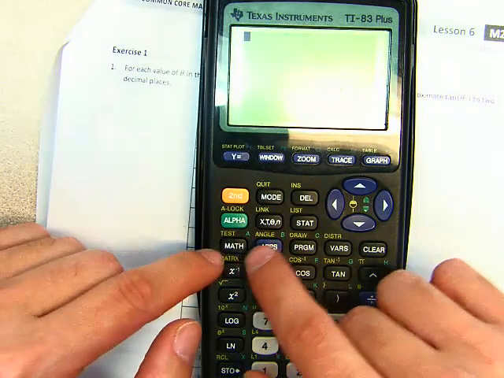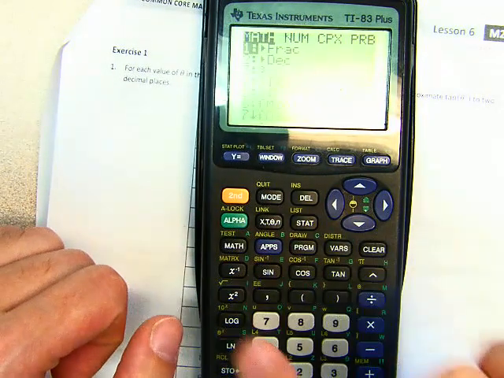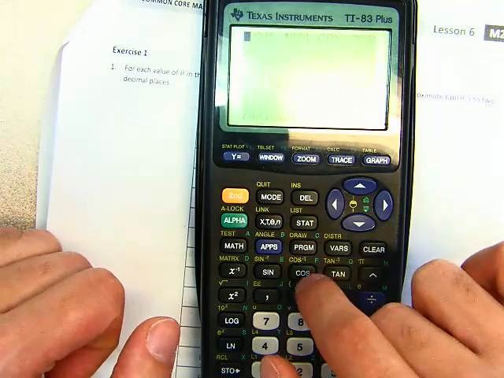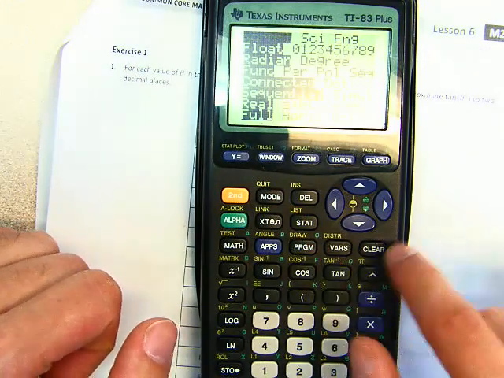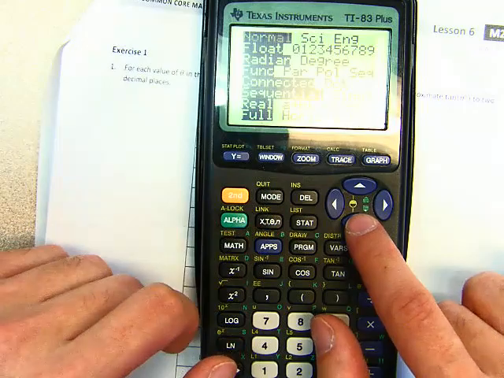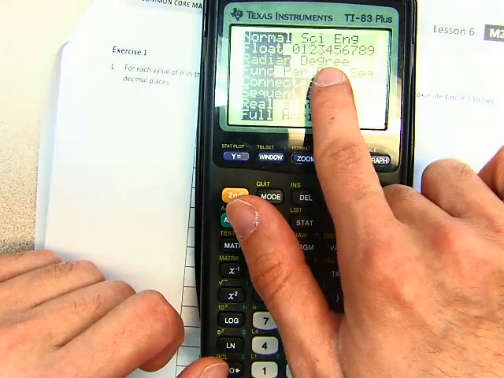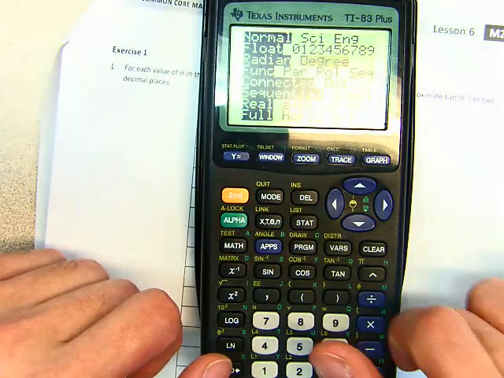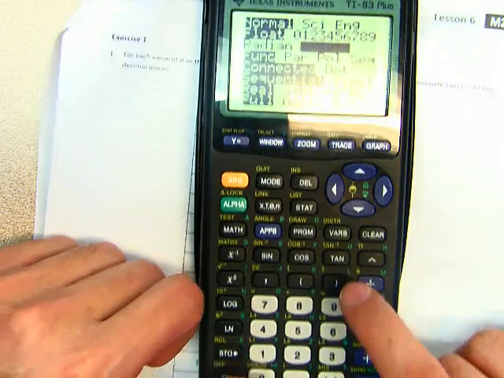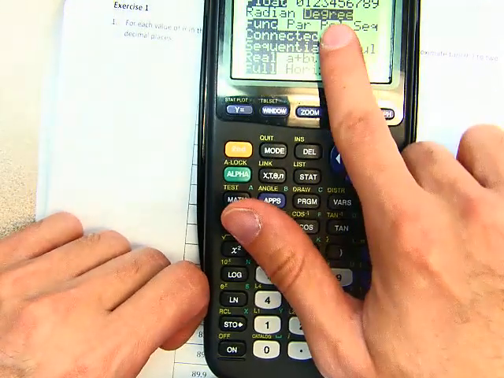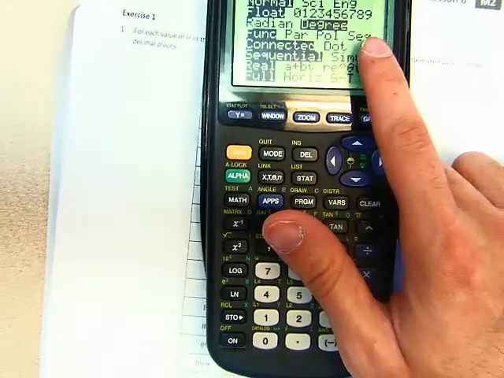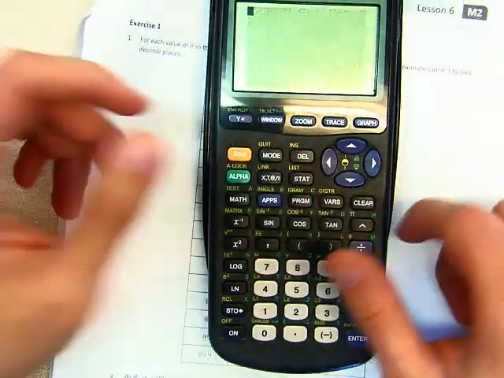And now before we do anything, we need to go to mode. Go to mode, and then you see here where it says radian and degree, we need to go to degree, and then we hit enter. And notice that the degree is popping up. So let's go second quit.